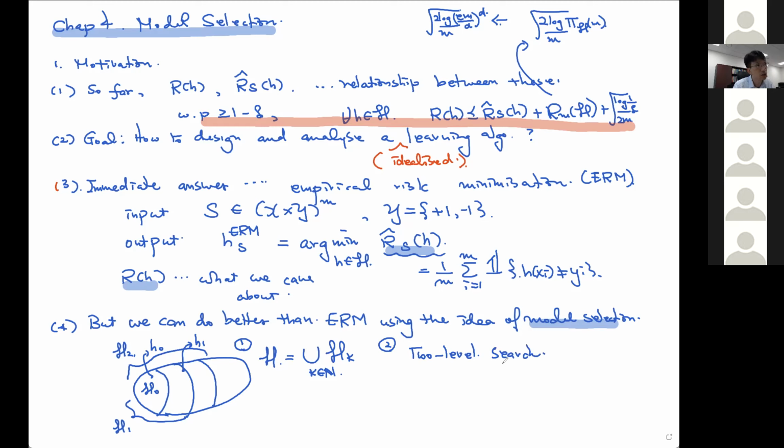This two-level search tries to find the appropriate hypothesis set H_k. At the same time, it also tries to find a good hypothesis in this H_k. In some algorithms, there is something called N-fold cross-validation. I think you do N-fold cross-validation in many different applications if you are familiar with machine learning.